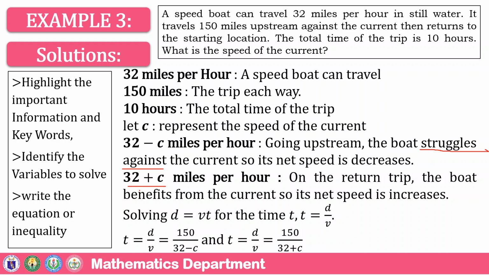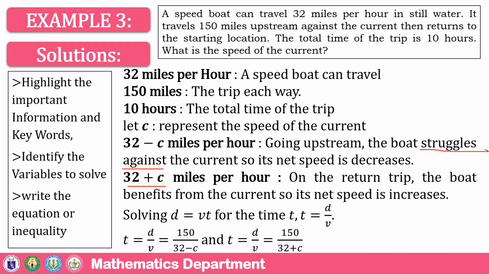Pwede nating sabihin na kapag nag-struggle siya against the current, ang kanyang distance 150, over to that speed na velocity na 32 minus c. Kapag naman nagbe-benefit siya from the current, pabalik na siya, so that is 150 over 32 plus c.